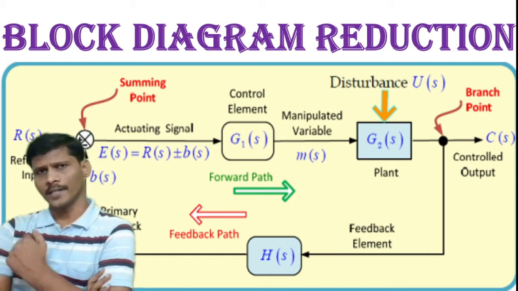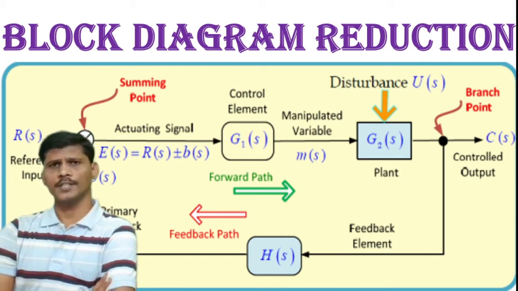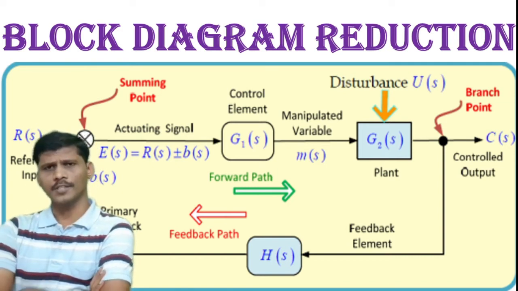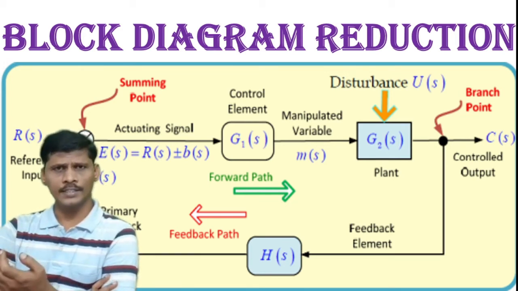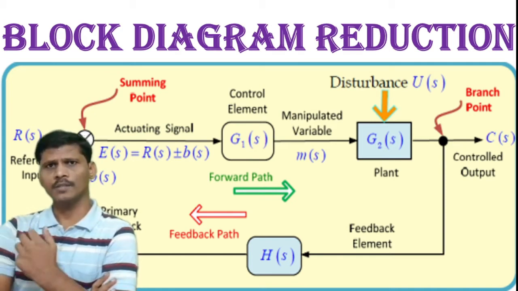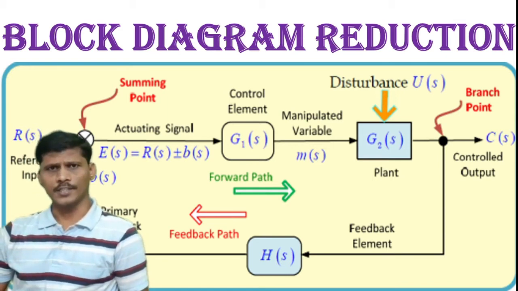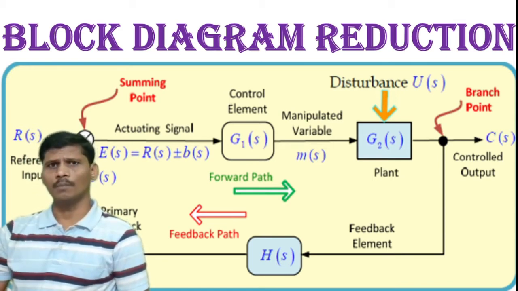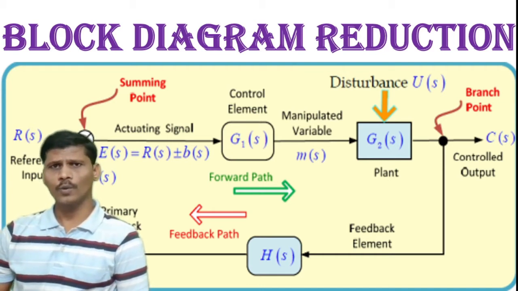So what is a block diagram? A block diagram is a graphical representation or pictorial representation of each and every component in a control engineering or control system.